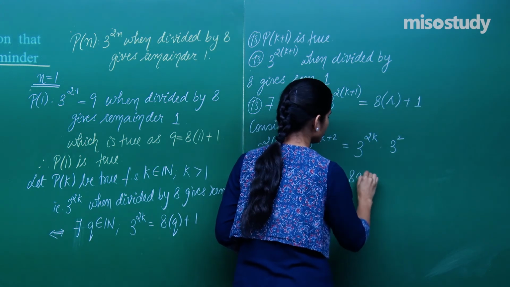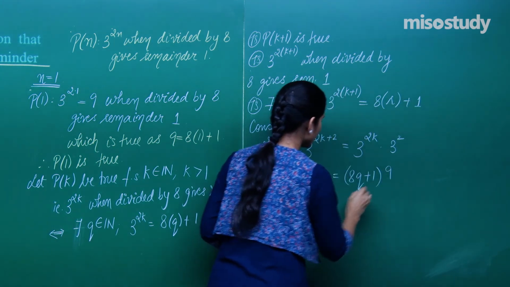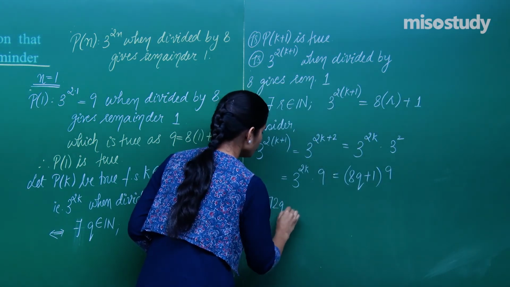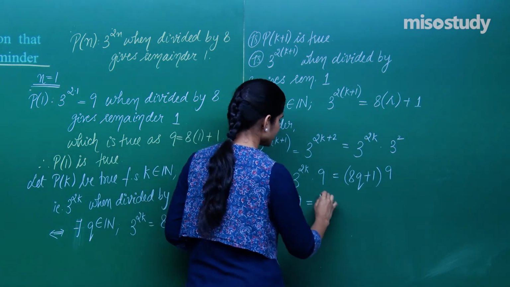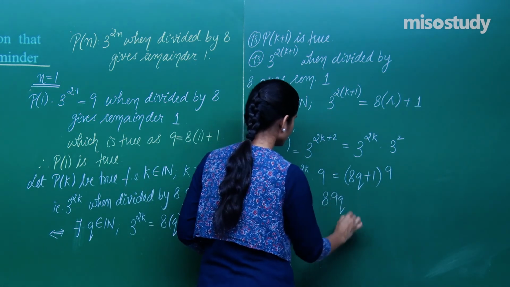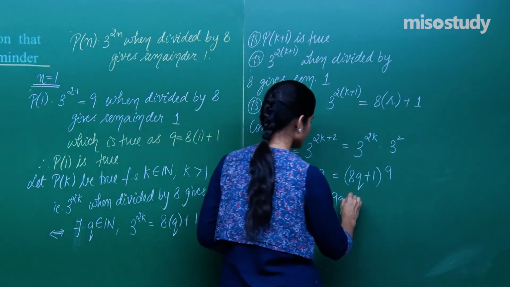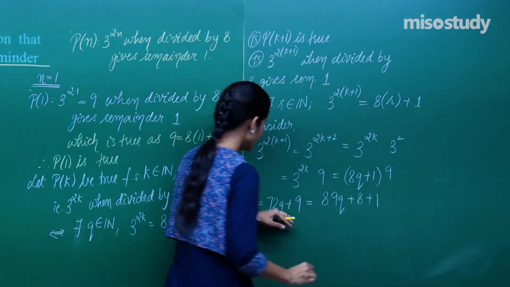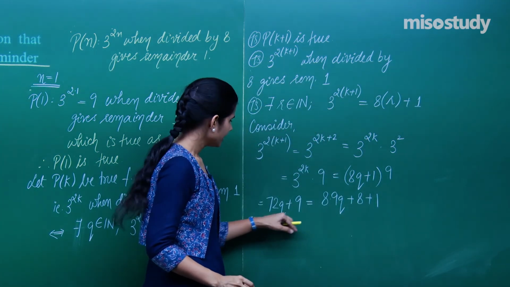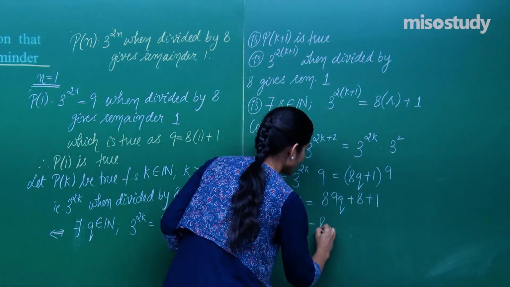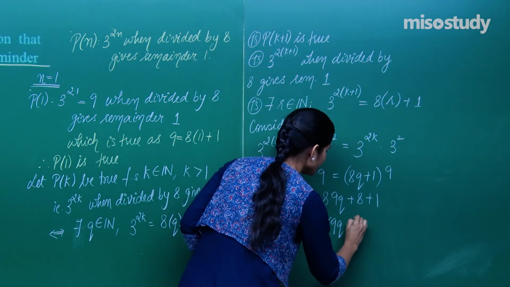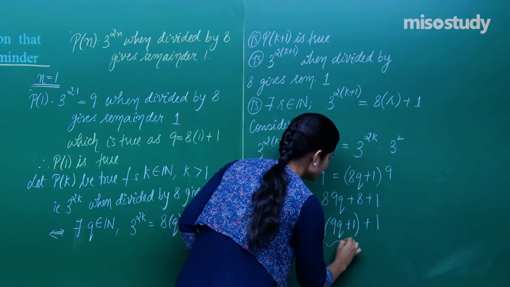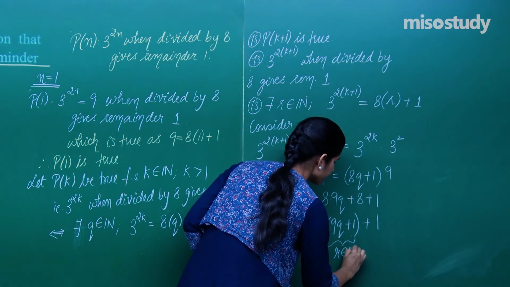So this is 8q plus 1 into 9, it is 72q plus 9. This can be written as 8 into 9q, right, plus 8 plus 1. 8 into 9q is 72. 9 can be written as 8 plus 1. I can take out 8 common, I have 9q plus 1, plus 1, and this is what is your r.